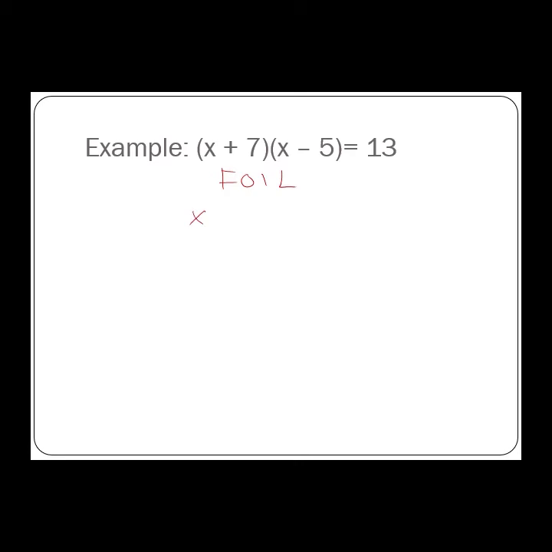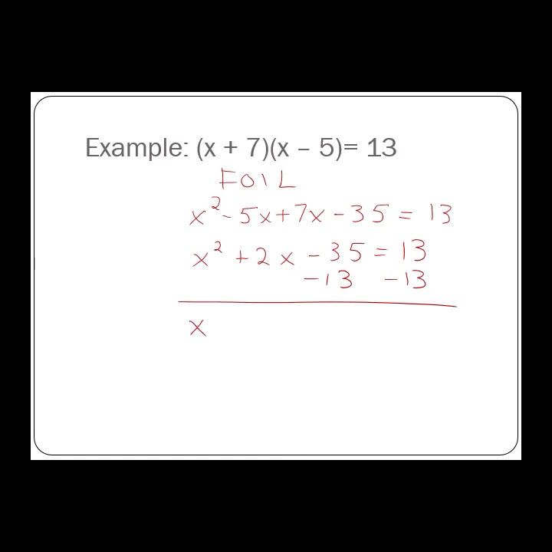So that's going to be x squared, the first 2 terms, the outer terms, the inner terms, and the last terms. And then I'm going to combine these like terms. And lastly, I'll subtract 13 in order to get equals 0.